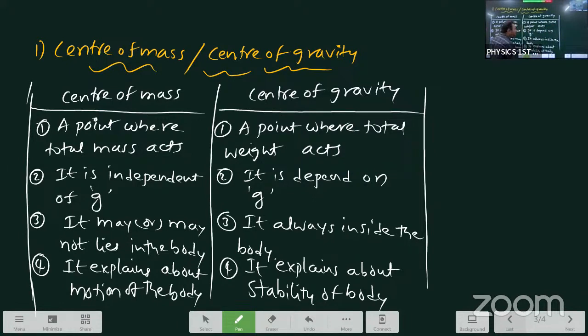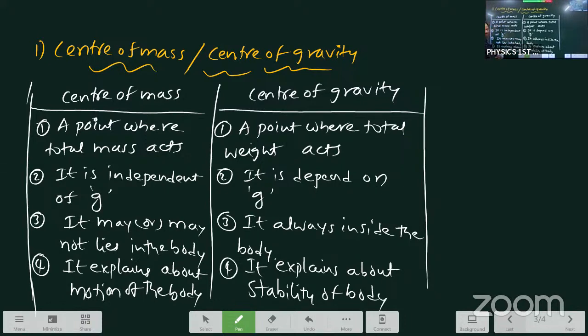Center of mass is always independent of acceleration due to gravity. Center of gravity depends on acceleration due to gravity. Center of gravity may or may not lie inside the body. Center of mass is always inside the body.